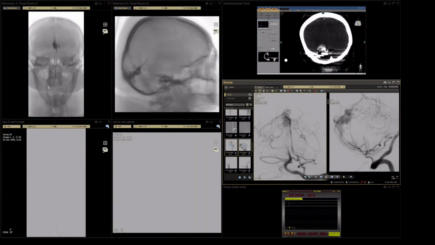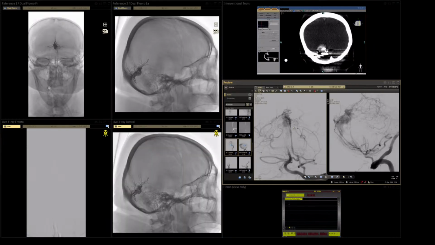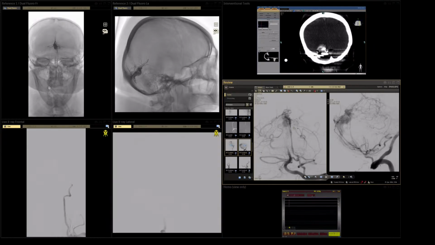Okay, let's do one more time from the proximal vertebral to exclude the possible vertebral artery injury. Yes, everything is clear. The posterior circulation is okay.